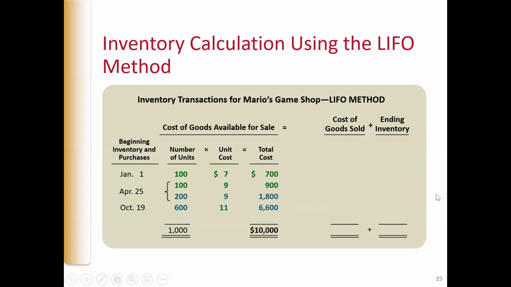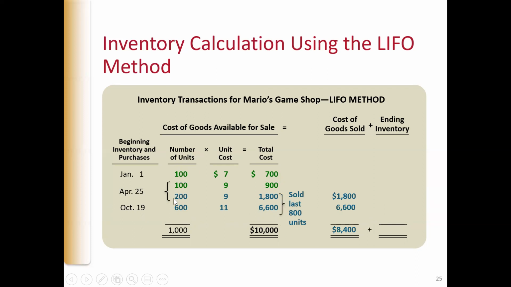If we use the method called LIFO, then the last units we purchased are the first units we're getting rid of, that we're saying, not physically, but what we can say for cost purposes. So 800 units means the ones we purchased at the very end in October, 600 units at $11, are going to get sold.